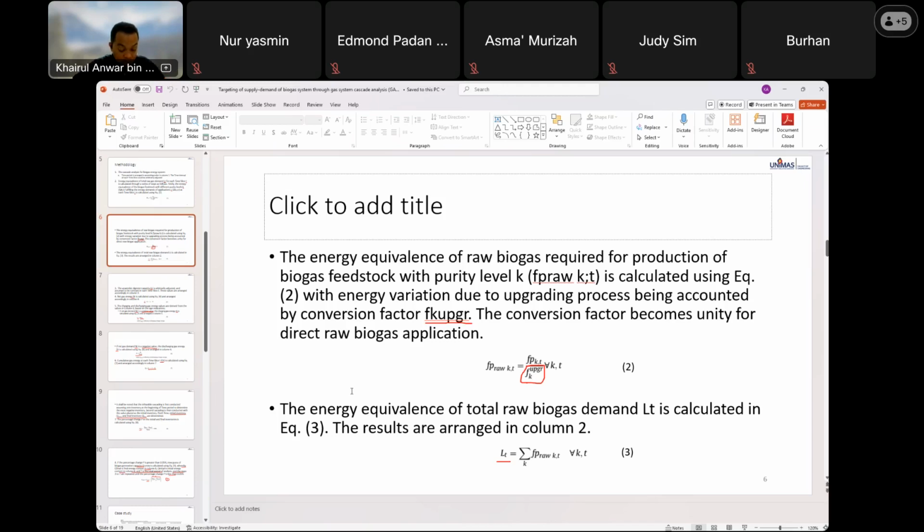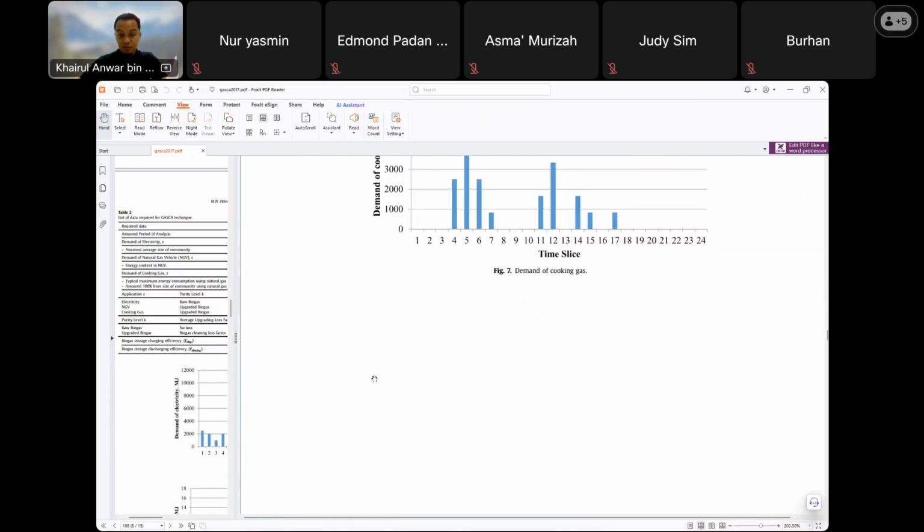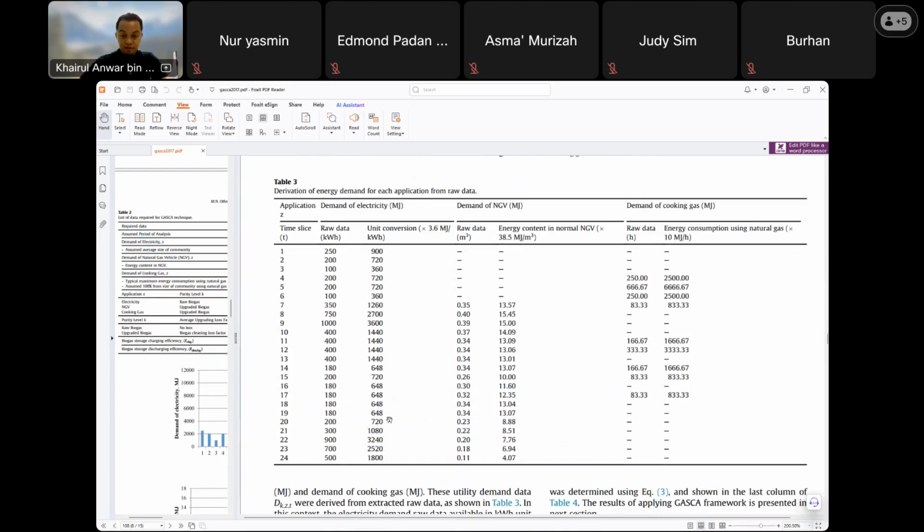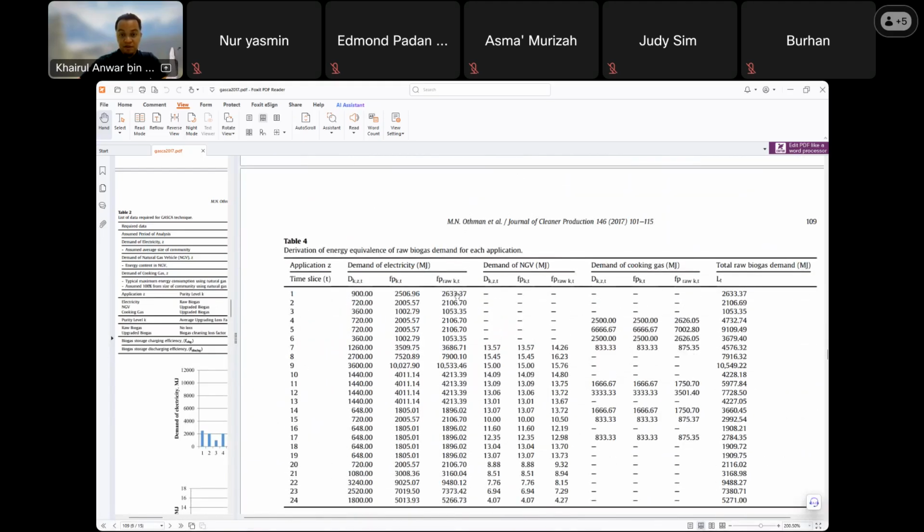Next, the energy equivalent of total raw biogas demand, LT, is equal to the summation of FP rho. So for the FP rho here, the value for demand in NGV and cooking gas is none.